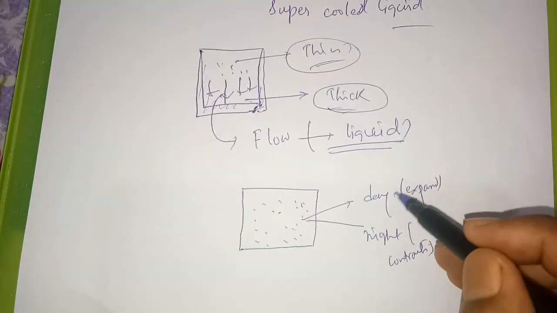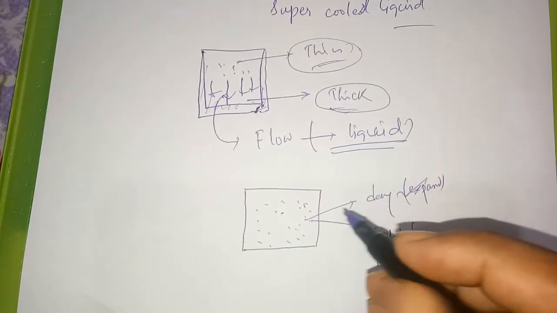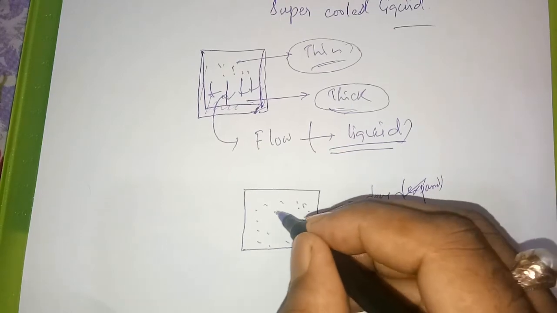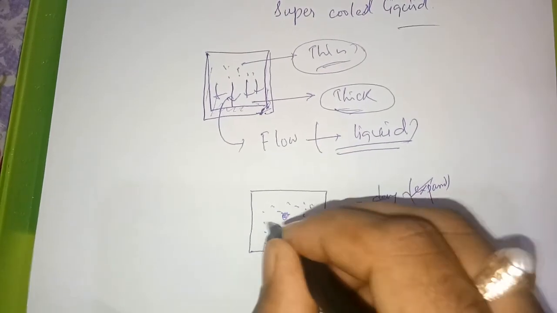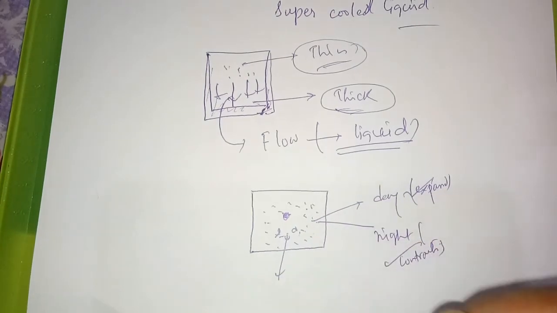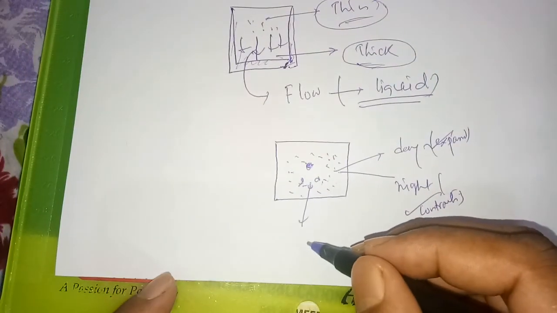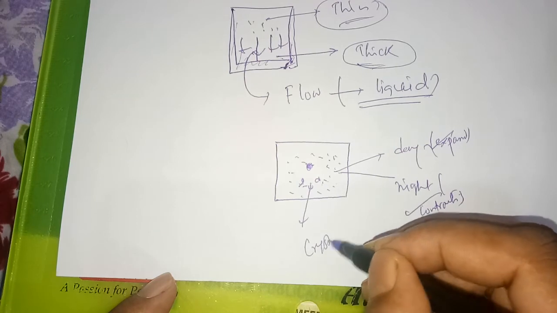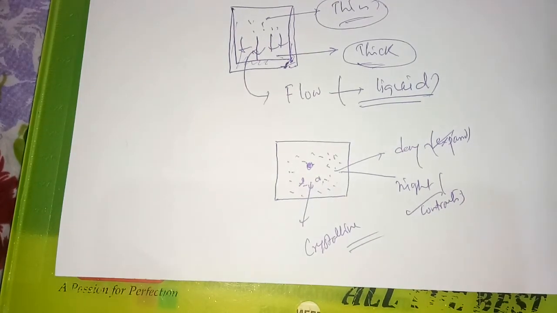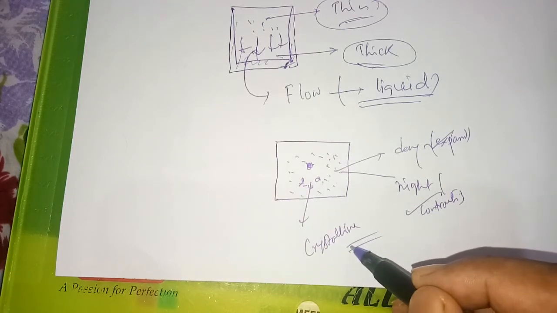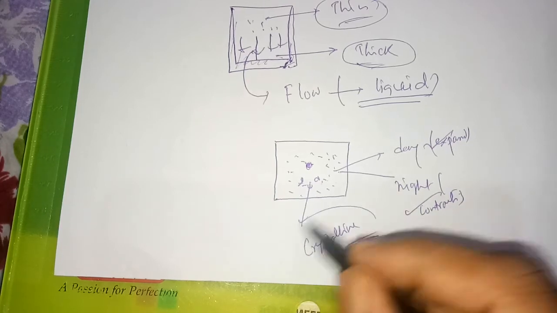So due to continuous expansion and contraction, some portion of the glass becomes crystalline, and that is why glass turns milky.